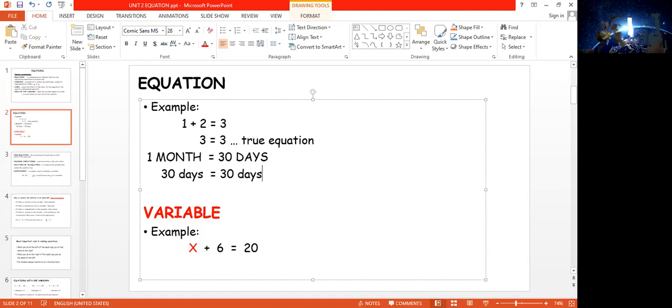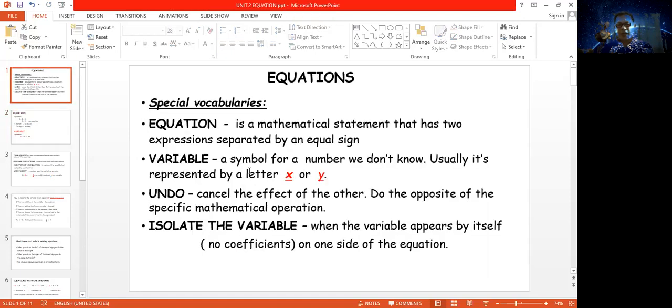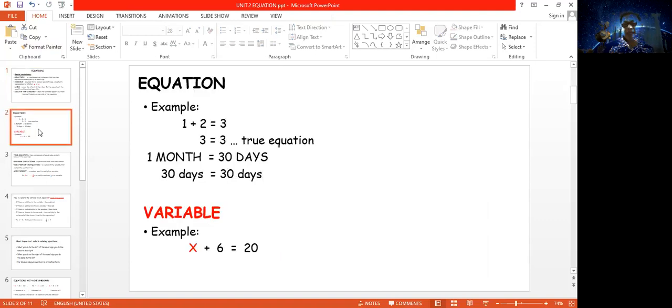Now we have the real equation when we talk about algebra, so we talk about variables. A variable is what we defined earlier: a symbol for a number we don't know, usually represented by X or Y. Here I have X in red color, so that is our variable.